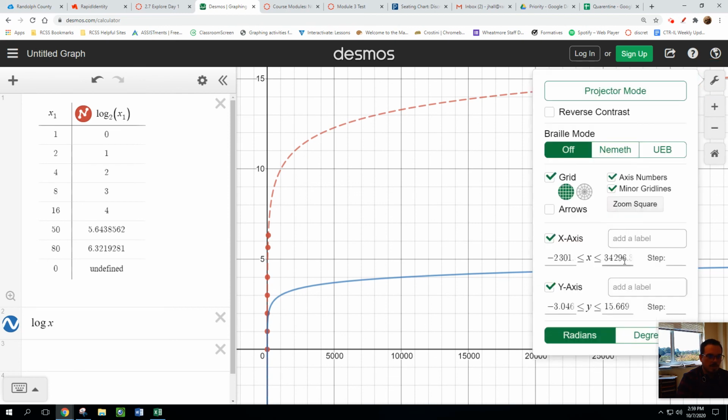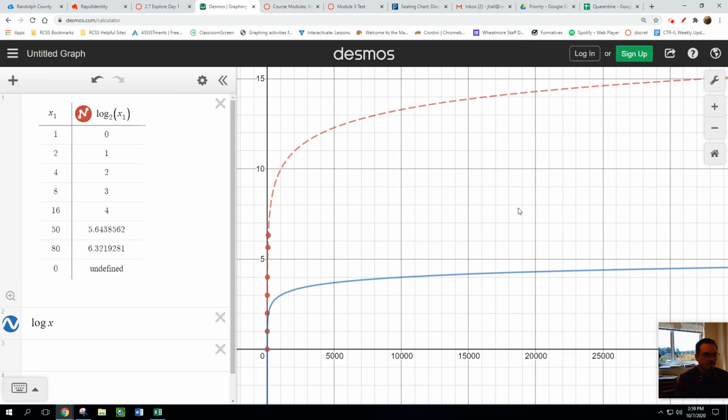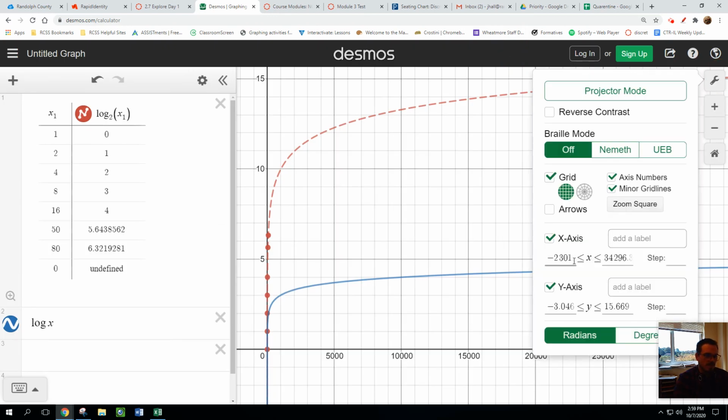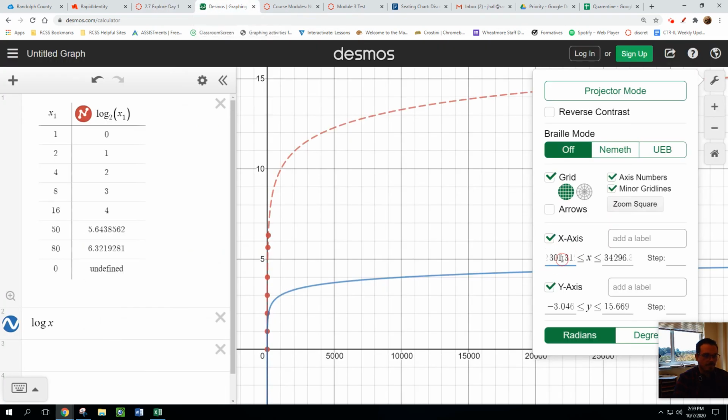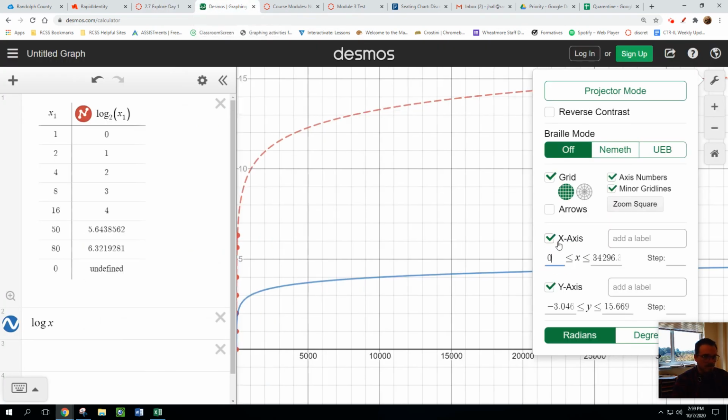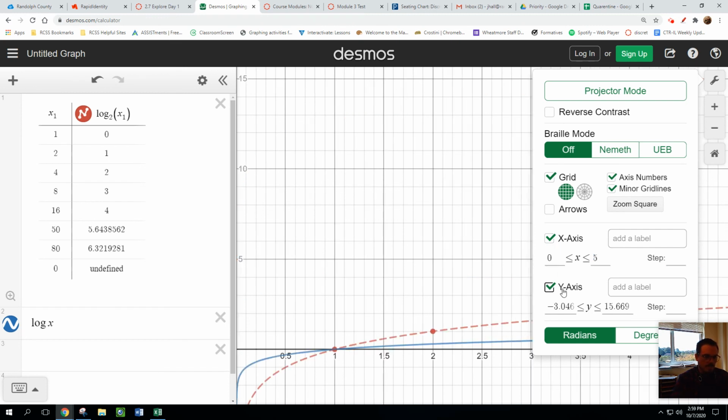But that's just my window. What's the scale that I have here? 0 to 5 for the x. What's my scale for the y? I believe it is -3 to 3.